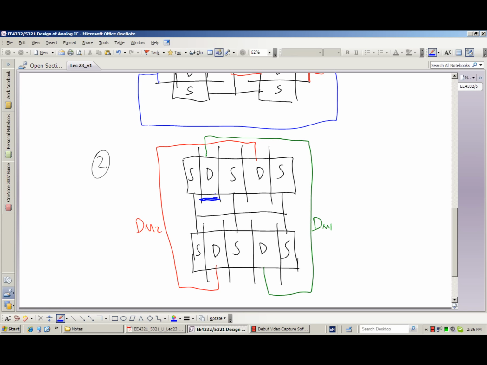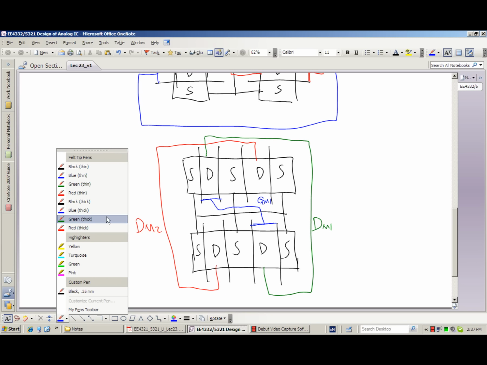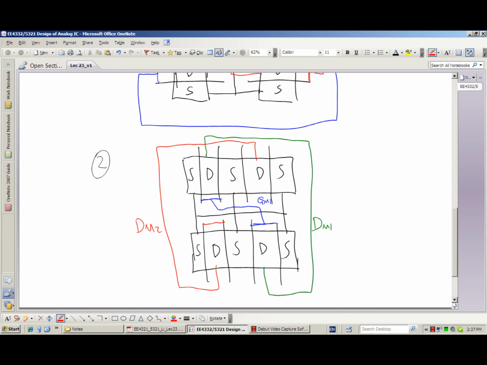Those two gates should be connected. And those two gates should be connected. Those two gates should be connected. We can connect them like this. And this is the gate of transistor M1. We can also draw the gate for transistor M2. So those gates are connected like this. And this is the gate of M2.